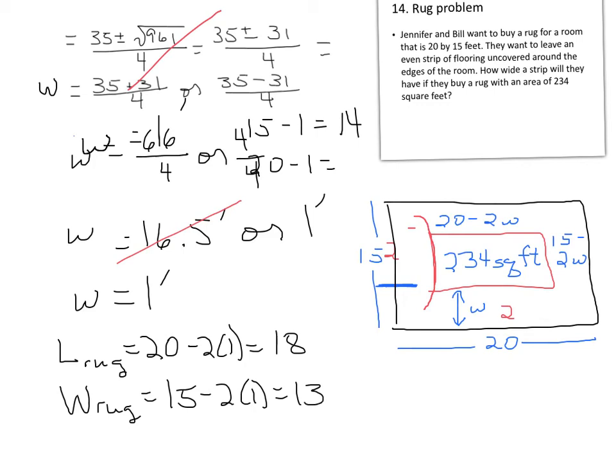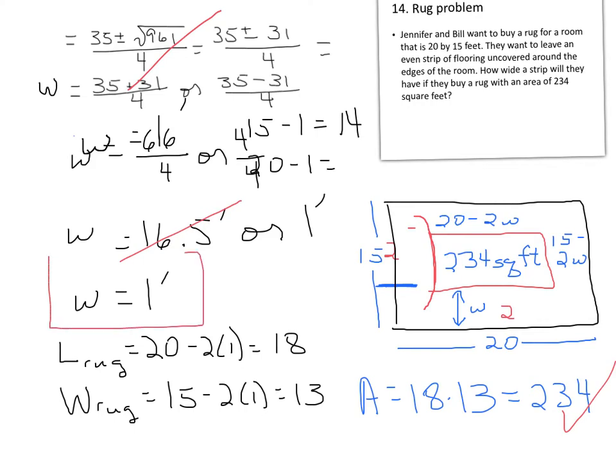So the area of the rug should equal 18 times 13. And when I put that in my calculator, I get that that is equal to 234 square feet, and that checks with what we know about that rug. So the correct answer is that the strip of floor around the rug is going to be 1 foot.